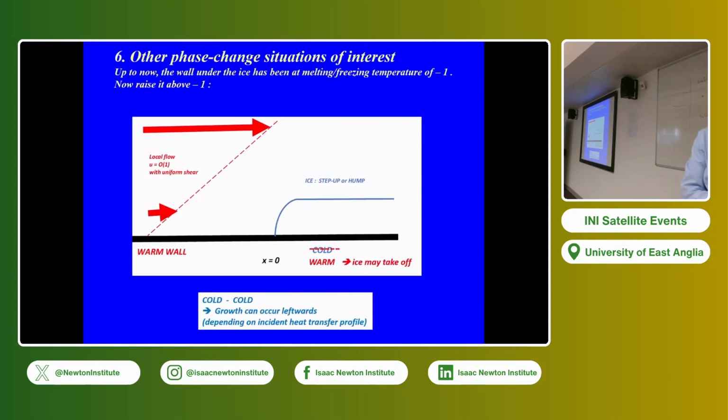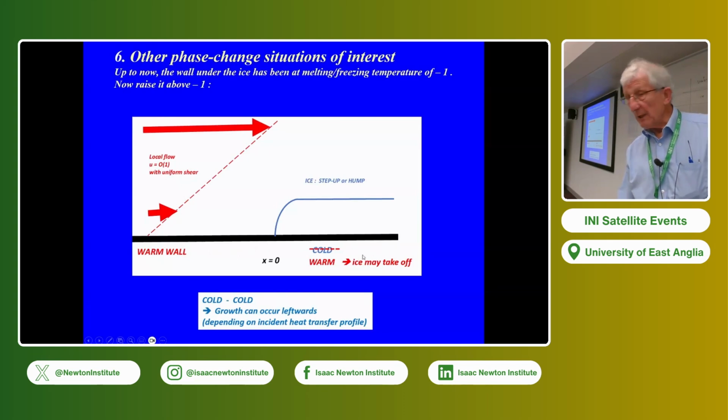Okay, I'll finish off with other phase change situations of interest. Supposing instead of underwall cooling, you've got underwall heating. What happens then? So now we've got a warm wall upstream as before, but we're warming underneath the ice.